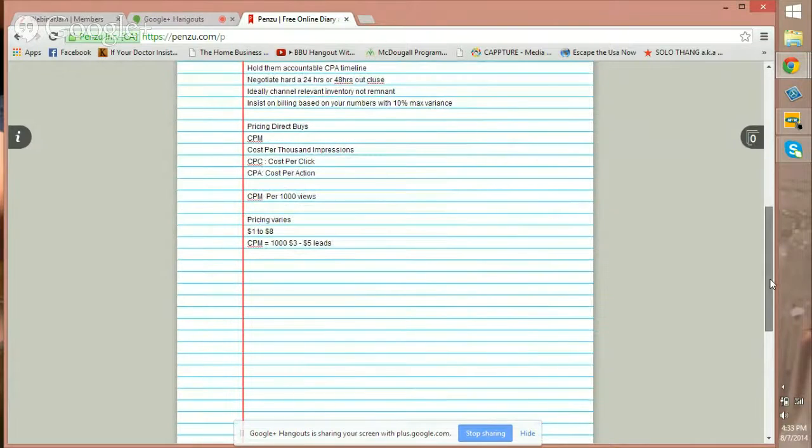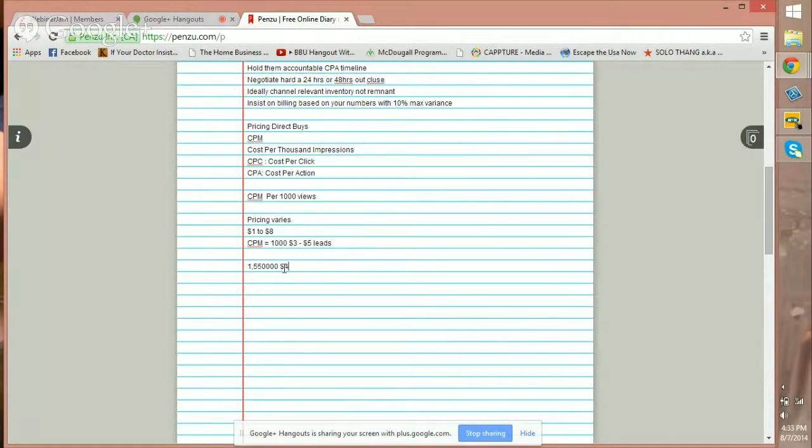So remember, you're paying CPM. Let's say your ad is shown to a couple of million people, let's say 1.5 million people have seen your ad, and you are paying $4 CPM.